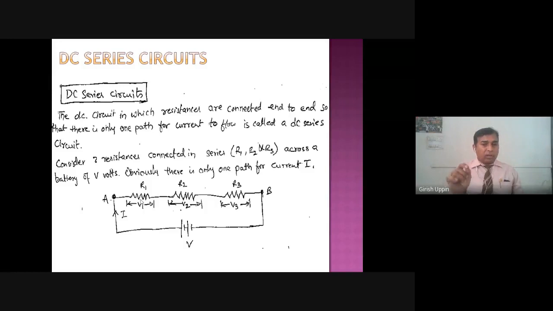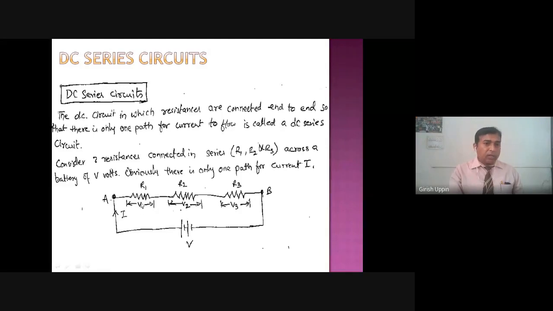If the resistance is more, the voltage across that particular resistor would be more. Why? We know V is equal to I into R, isn't it? So I is constant, because the same amount of current will flow. V is equal to IR, I is constant. So what will the voltage depend on? It depends on the resistor. If resistance is more, voltage drop is more. If resistance is less, voltage drop is less.